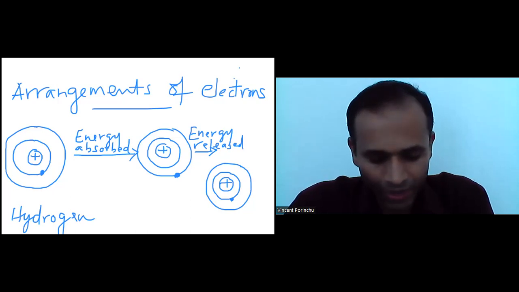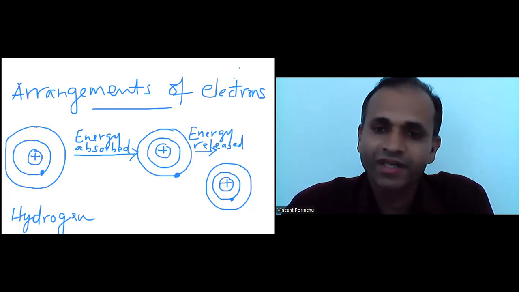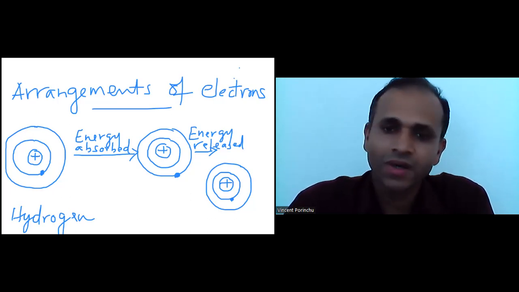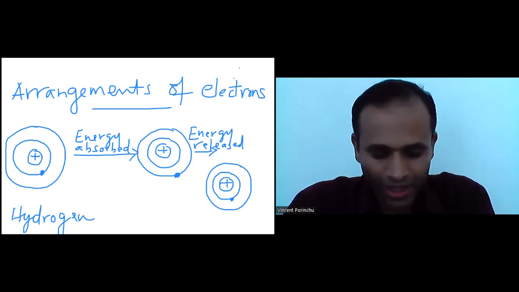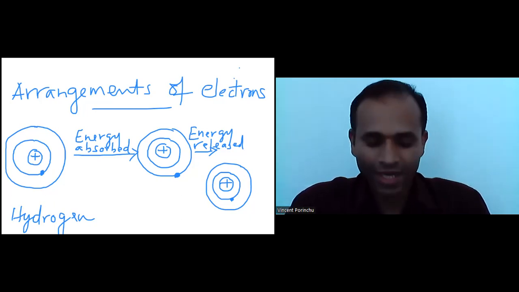In the diagram, you can see only one electron, which means hydrogen, because in all atoms the number of protons and the number of electrons are the same. That is why the atomic number is the number of protons or the number of electrons in the atom. One electron means atomic number one, and atomic number one is a hydrogen atom.